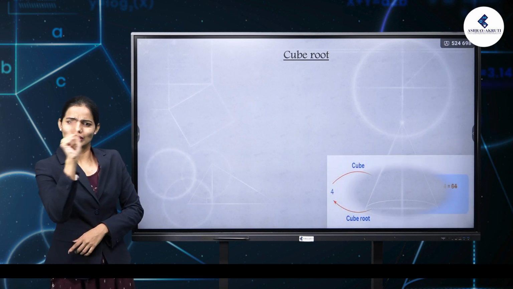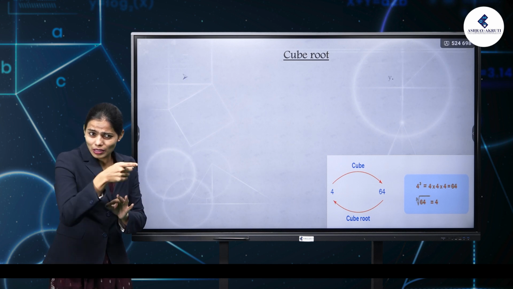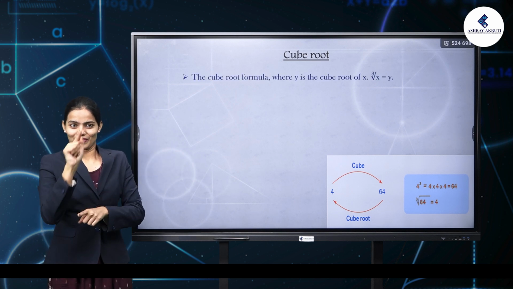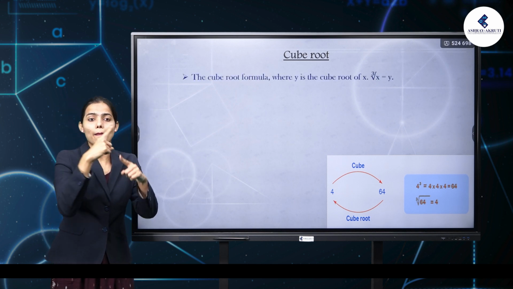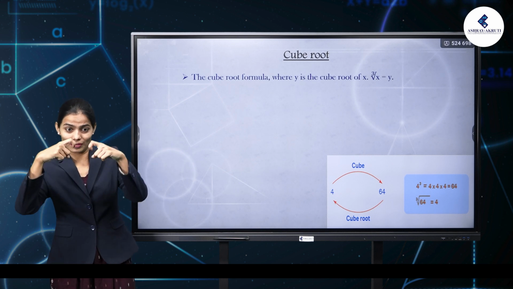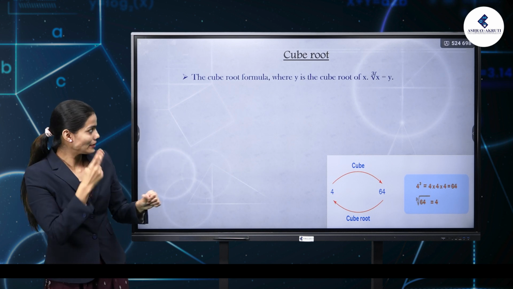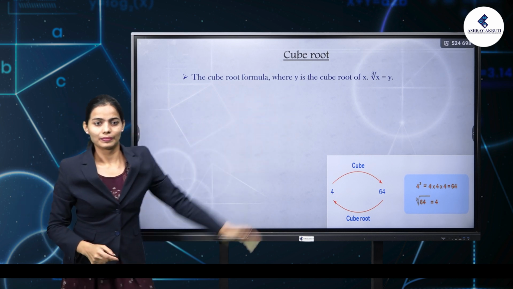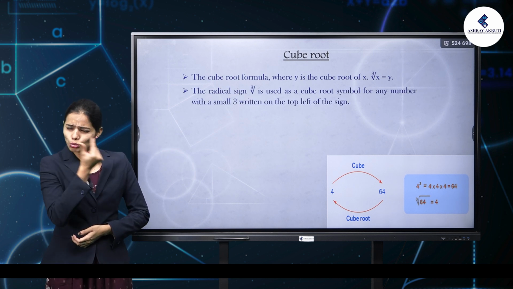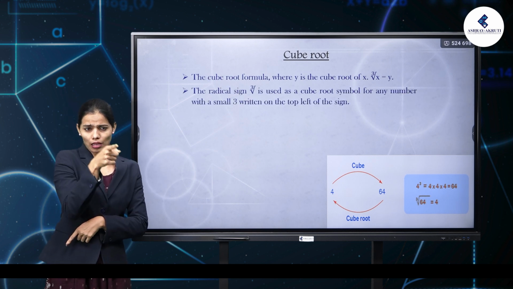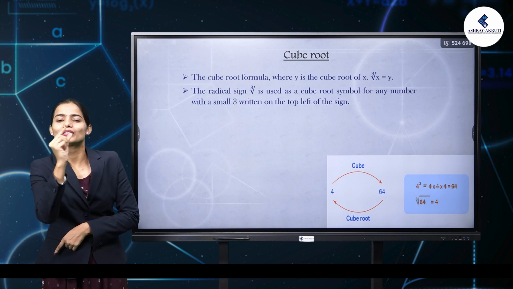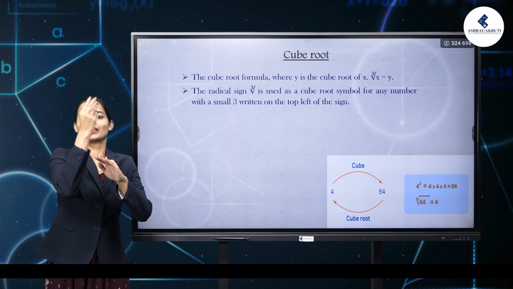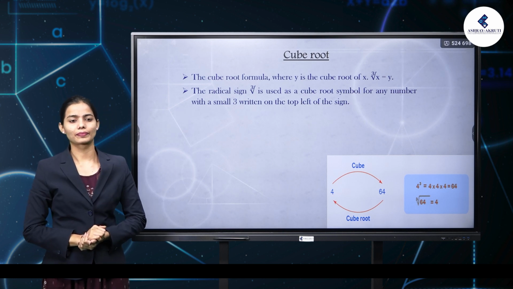Now, let's look at the cube root formula where y is the cube root of x. Cube root x is equal to y. The radical sign cube root is used as a cube root symbol for any number with a small 3 written on the top left of the sign.